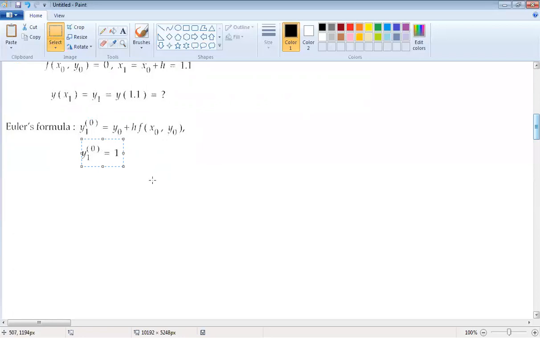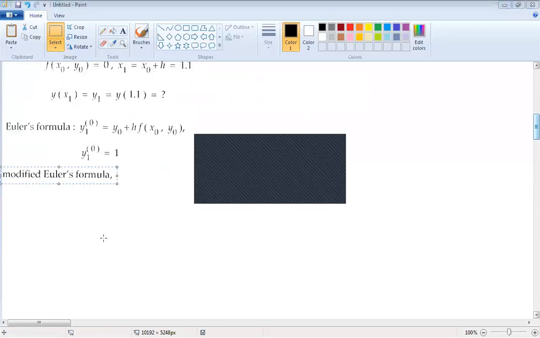Okay. Now we use the modified Euler's formula to get the iterative values of desired accuracy. So to start with, the first value will be y1 of 1.